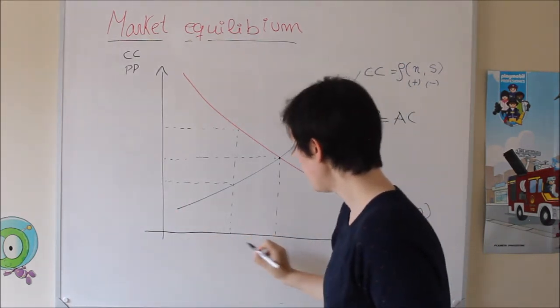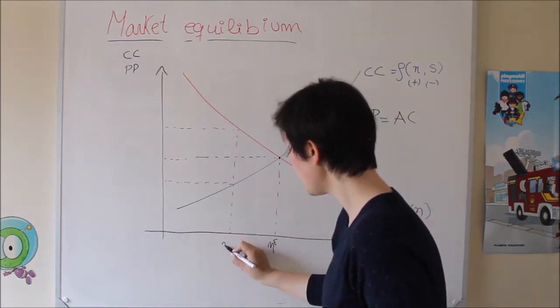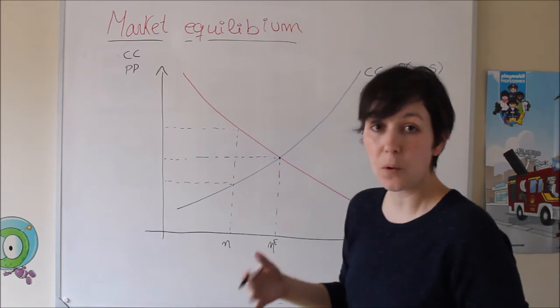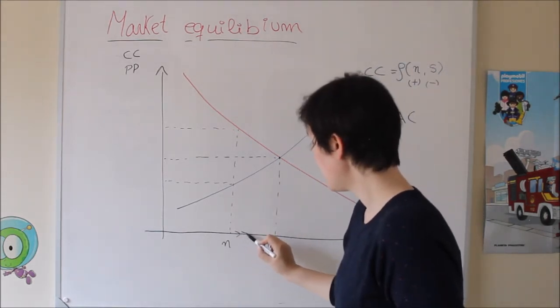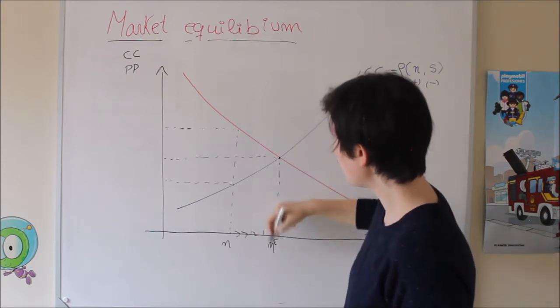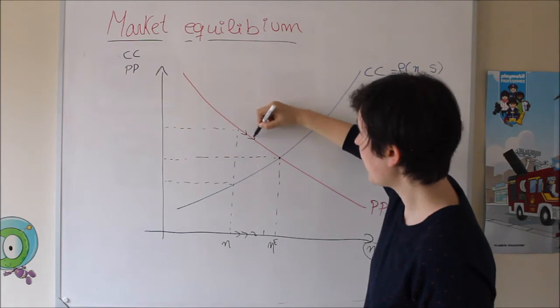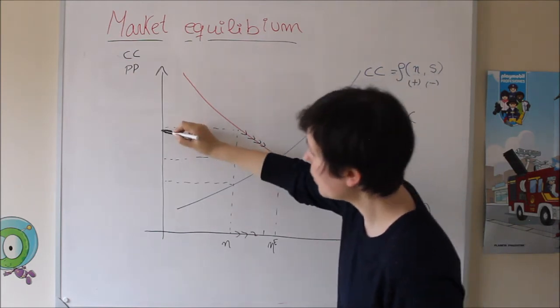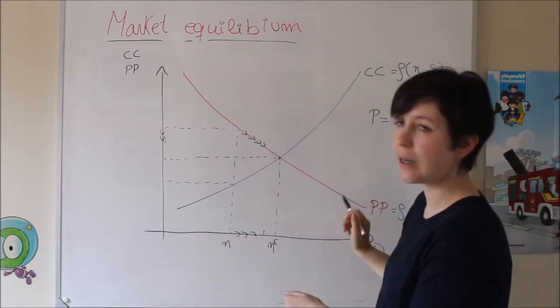So if I start here, we are going to see that more competitors are coming into the market. As the number of new competitors gets higher, the price I can fix is going to be smaller, okay? Down.